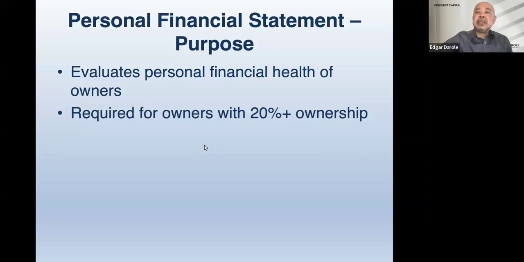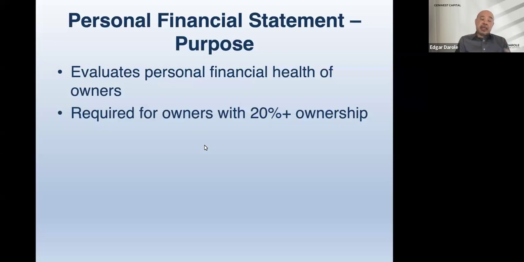Now, let's look at the personal financial statement form. I'll be sharing a sample of that as well in the next slide. So lenders want to know about the personal financial health of owners. That's where the personal financial statement comes in.